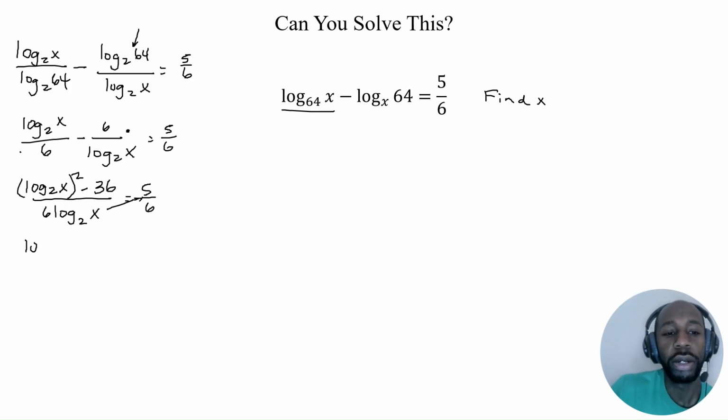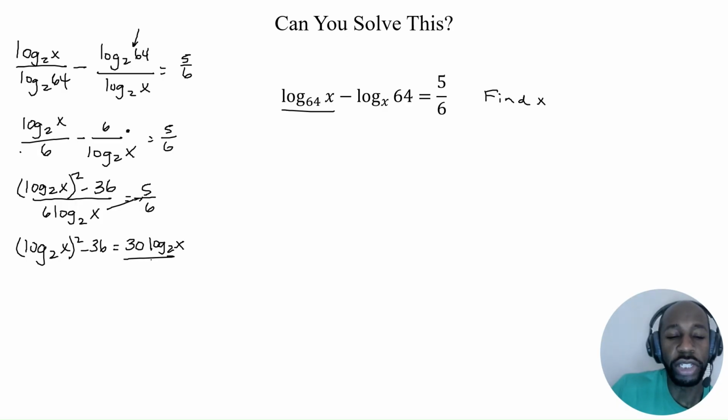So log base 2 of x quantity squared minus 36 equals 30 over 30 log base 2 of x over 6. Okay. Now, of course, 30 over 6 is 5, so this becomes log base 2 of x squared minus 36 equals 5 log base 2 of x.